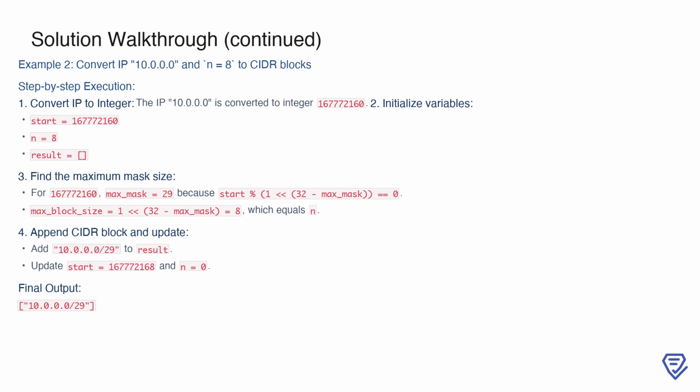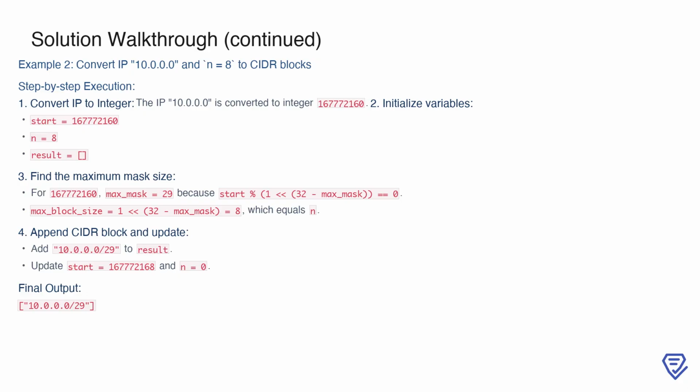Next, we determine the maximum mask size. For start equals 167772160, we find that max_mask equals 29 satisfies the condition start % (1 shifted left by 32 minus max_mask) == 0. The block size, calculated as 1 shifted left by 32 minus max_mask, is 8, which matches the given n.